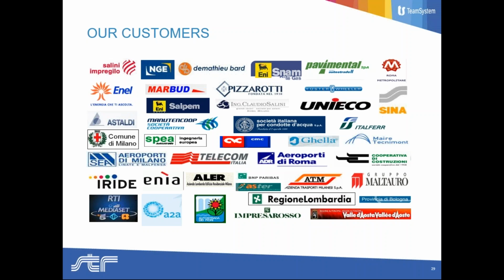You can see here the city of Milan, the subway in Rome, the society which manages the airport in Rome, and the society that manages the train infrastructure in Italy. But also 70% of our customers are small and medium businesses. They choose just one part of the software to do the estimation or the job planning and scheduling or cost control.